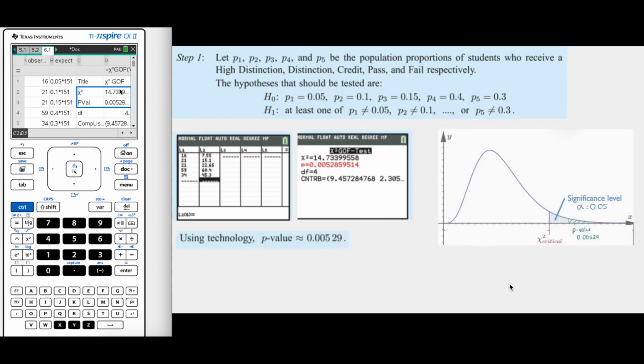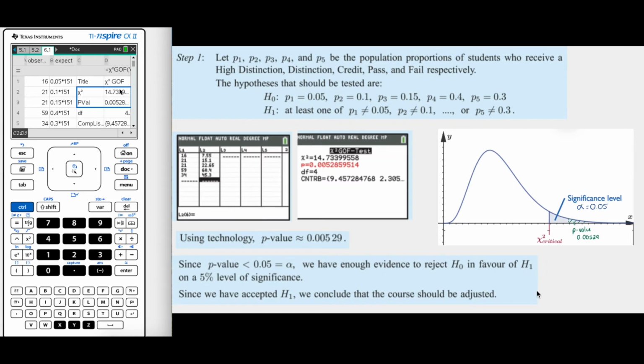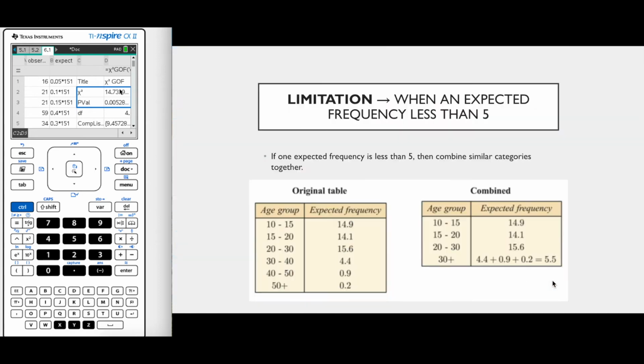This p-value is smaller than our significance level, so therefore we are in the region where we are going to be rejecting the null and accepting the alternative. So we are going to be saying that at least one of these percentages is incorrect. And that's going to be for our second example.